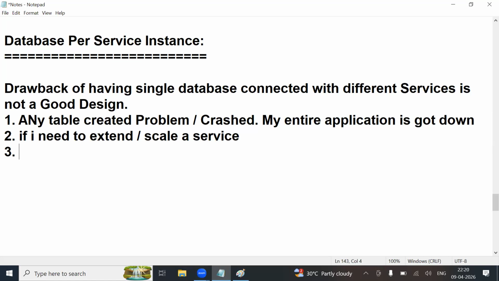Think in that way. You are an architect of an organization, and your CTO, project manager, or director comes to you and asks, can you tell me how we can reduce cost in our architectural pipeline? What are all the places you will look into as a solution architect?